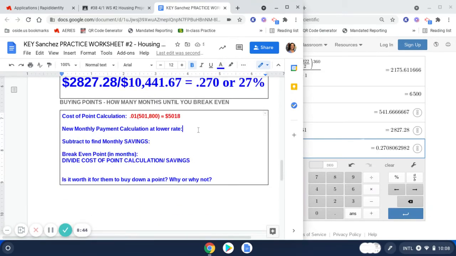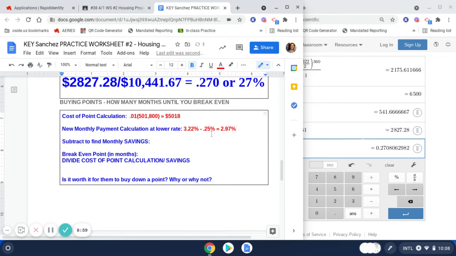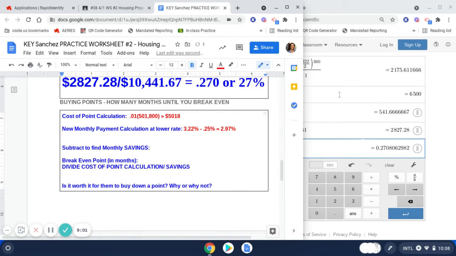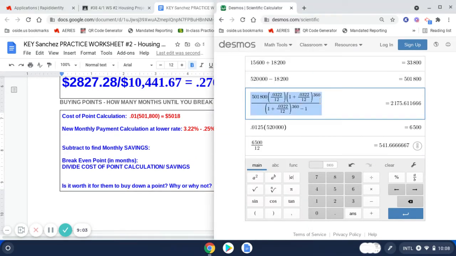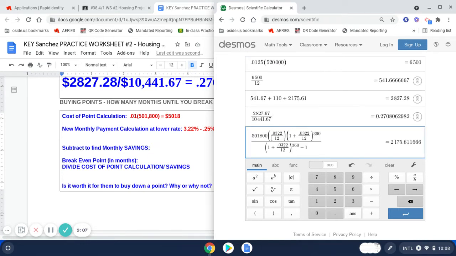Then we know that the rate was originally 3.22%, and then we're minusing 0.25%. So our new rate is going to be 2.97. And so here comes the new monthly payment calculator with the lower rate. Let's change this to 0.0297.